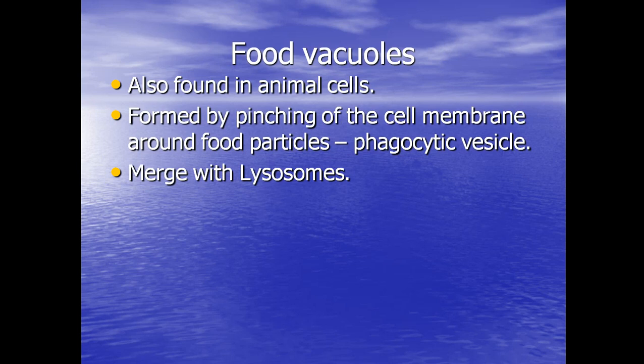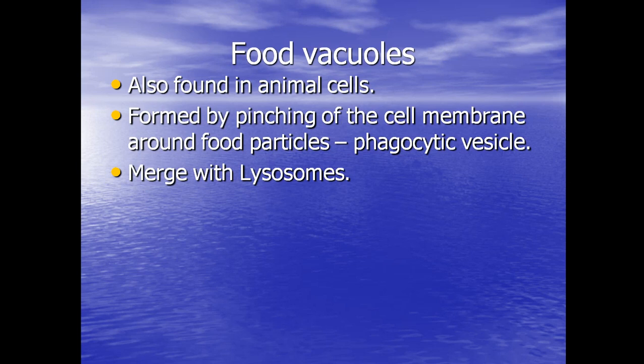In animals, you can also see the food vacuoles. Both in plant and animal, these food vacuoles are there. How are they formed? Suppose when a food particle enters inside through the plasma membrane, a small part of the plasma membrane pinches off and surrounds or packs it.